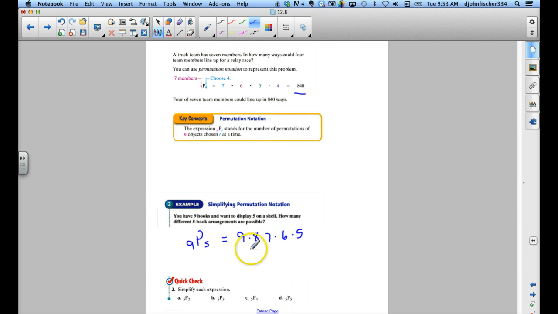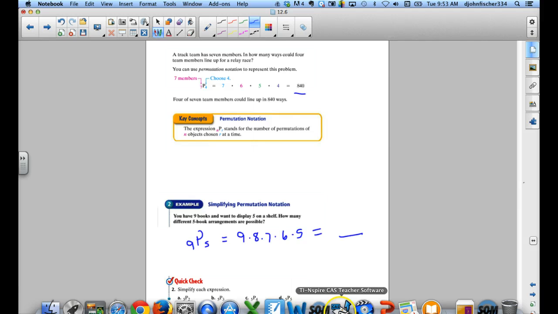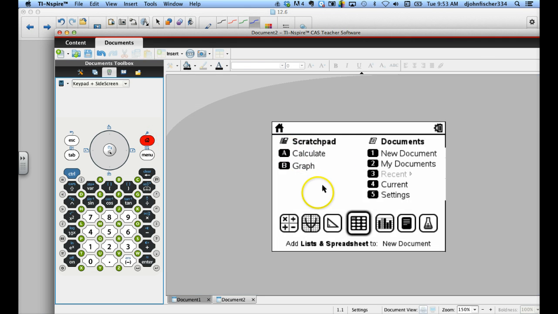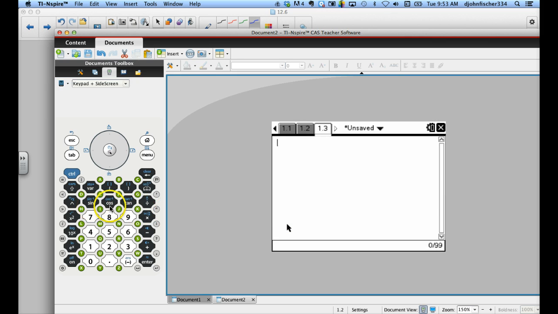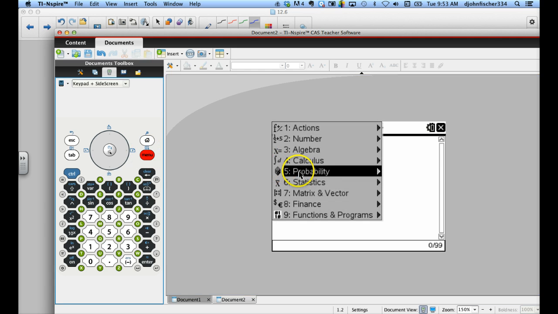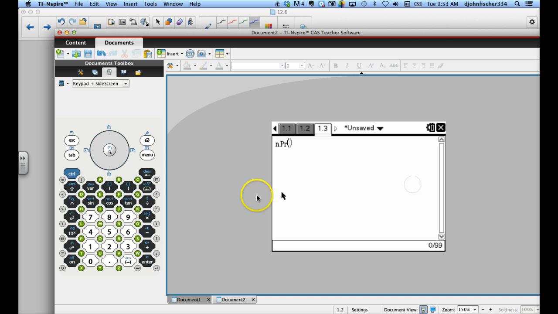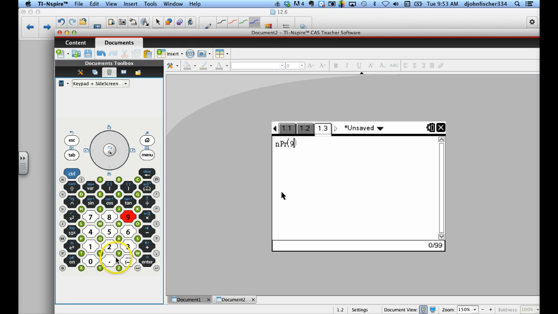I know how to multiply these out, but I can't do this in my head very easily. You would multiply those and get your answer. So let's see. I'm going to go to my calculator. I actually do have a permutation button down here. So let's just check it out. Menu, probability, permutation. And I'm just going to say we had 9, 5.